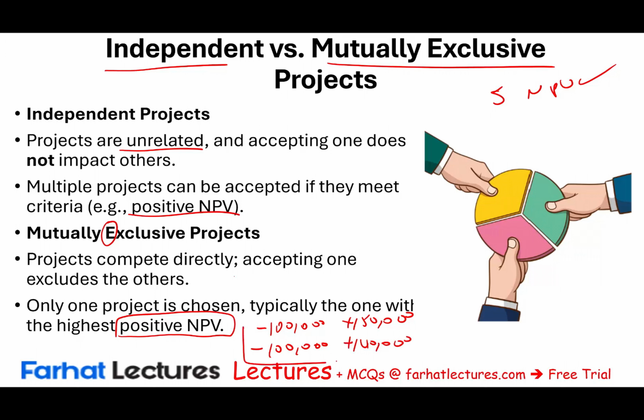As long as the minuses are the same, obviously we'll take the first project because it has a positive 50 and this one has positive 40. Then we'll take the higher NPV. But the problem is that oftentimes we're assuming those 2 projects cost the same. Once you change the cost, then we have to look at something else, which we'll talk about. Just wait until we talk about the profitability index. So a higher NPV is better when the initial cost, or the negative, is the same for both.